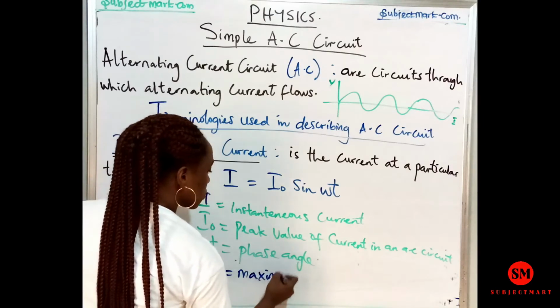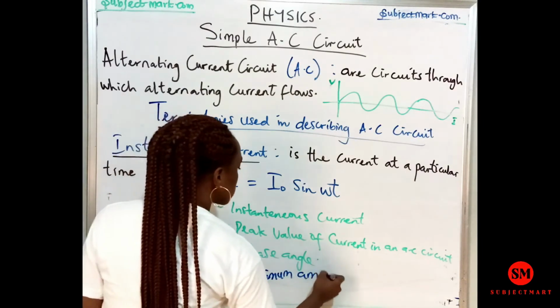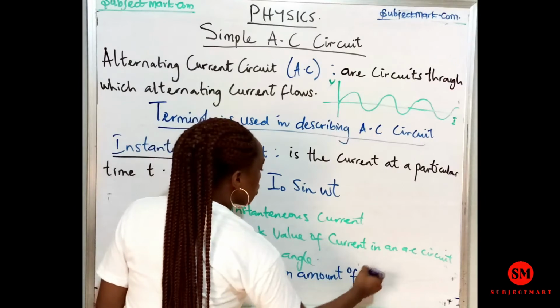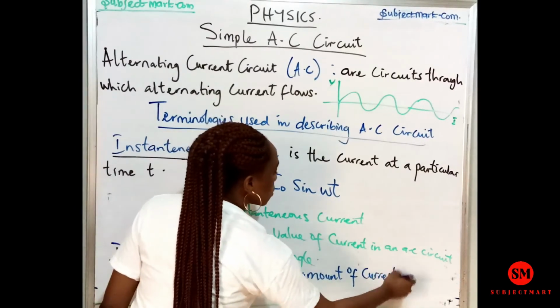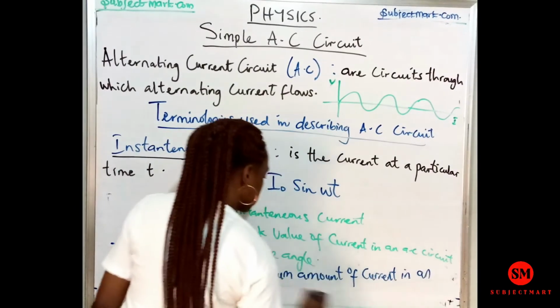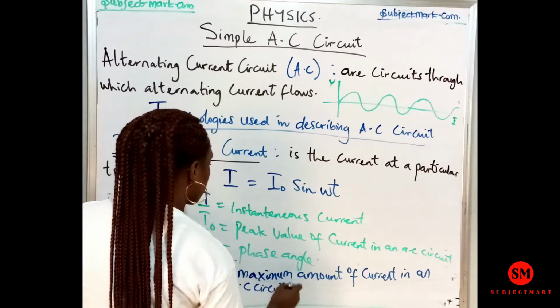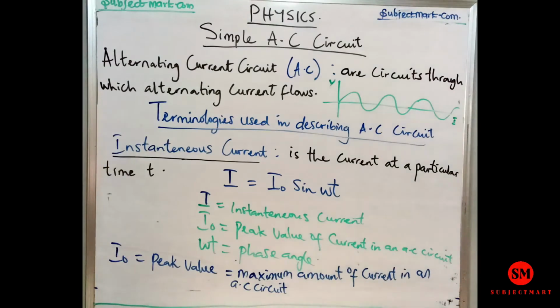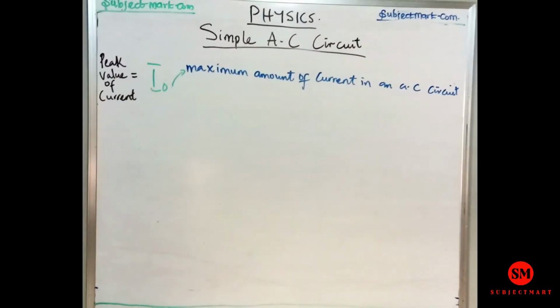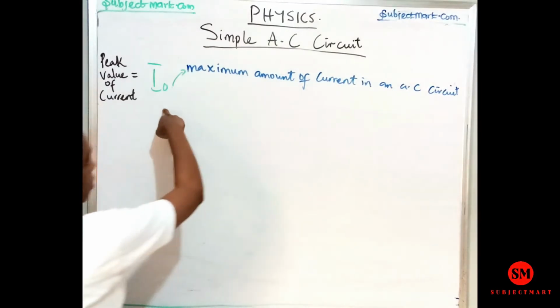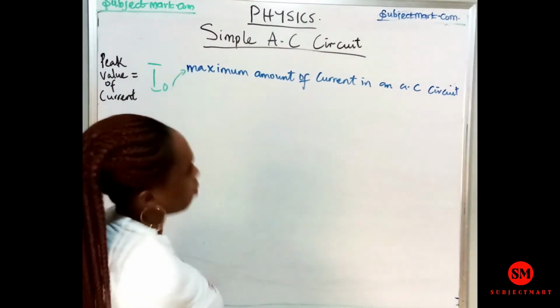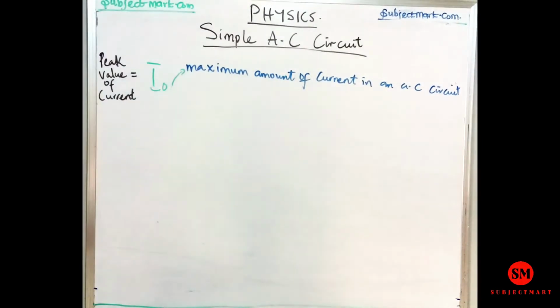Okay, so the peak value of current, which is I naught, is defined as the maximum amount of current in an AC circuit.